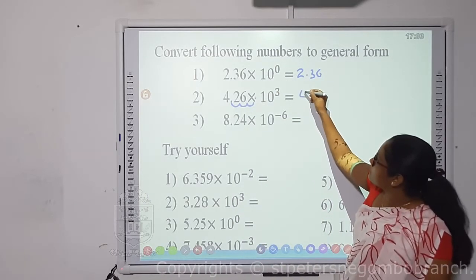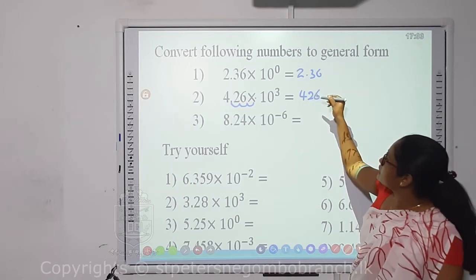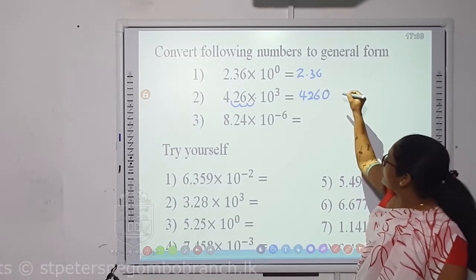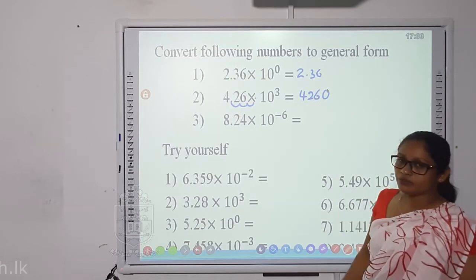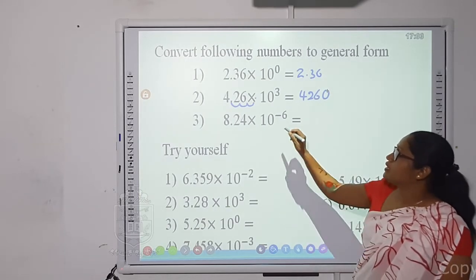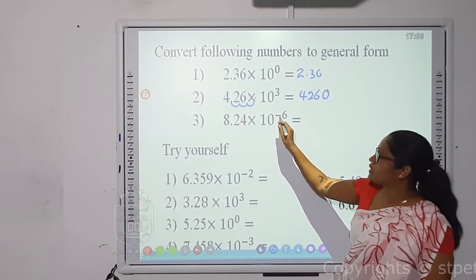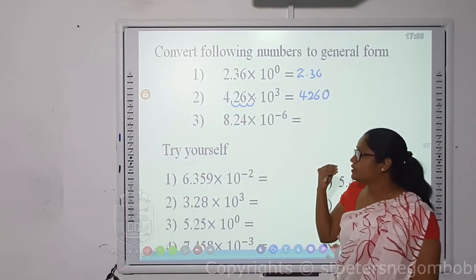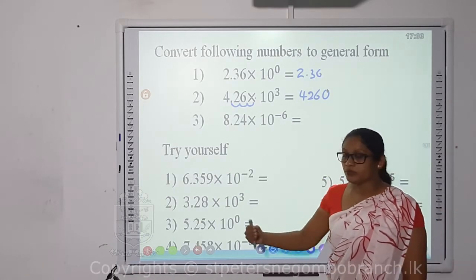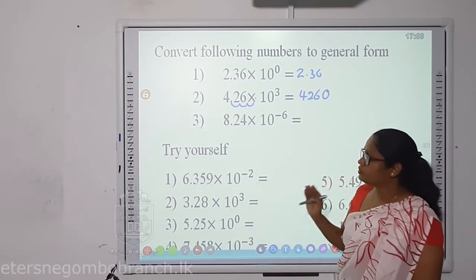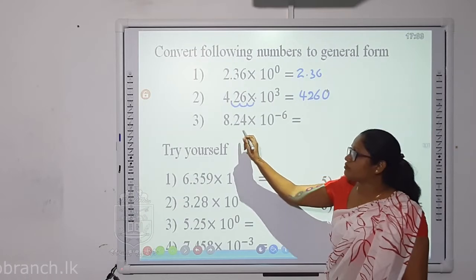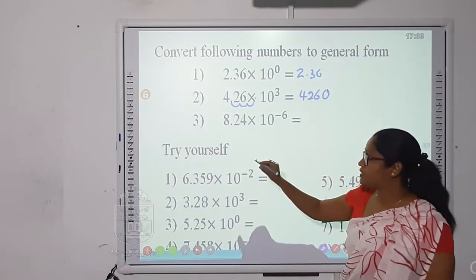So here 4, 2, 6. For the blank you can put 0, and here there should be the decimal place because this is a whole number, we are not writing it normally, right? Okay. The last one, the sign is negative. Negative says what? Shift the decimal place to the left side. 6 says by how many places? So we should shift this decimal place to the left side by 6 places, right?